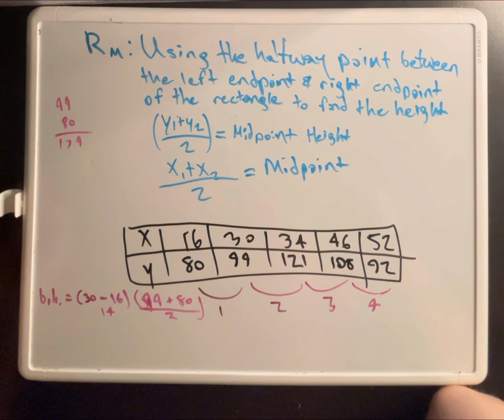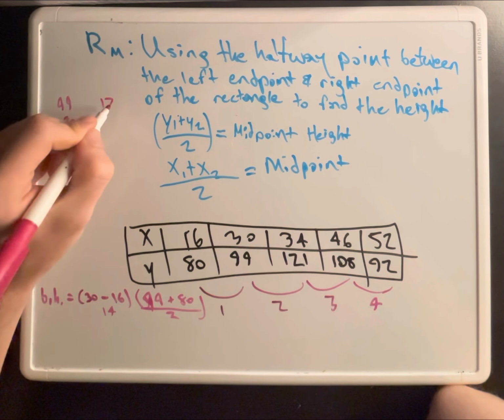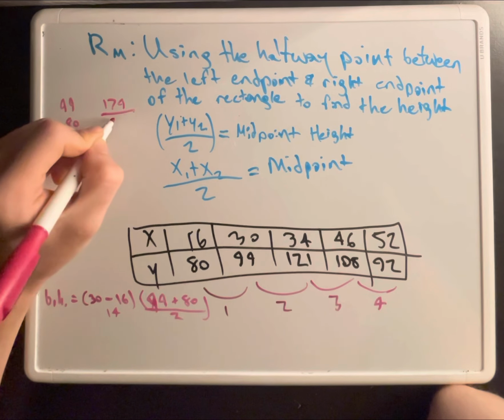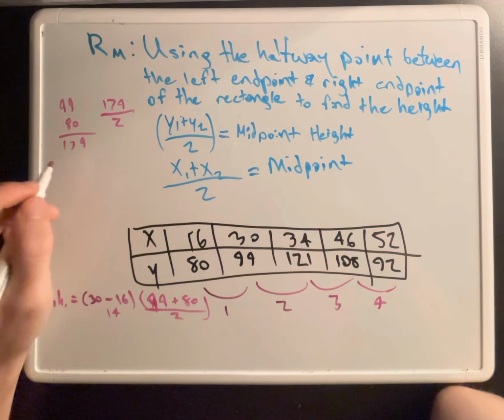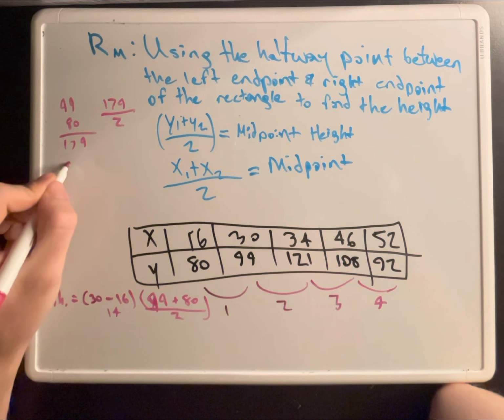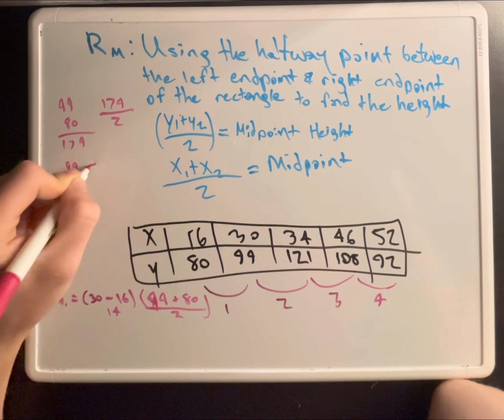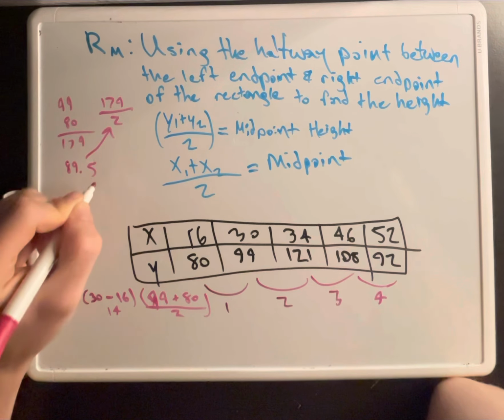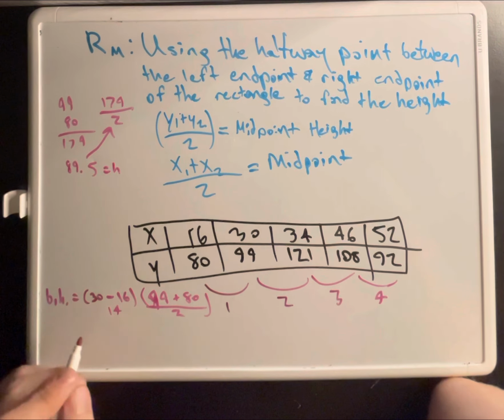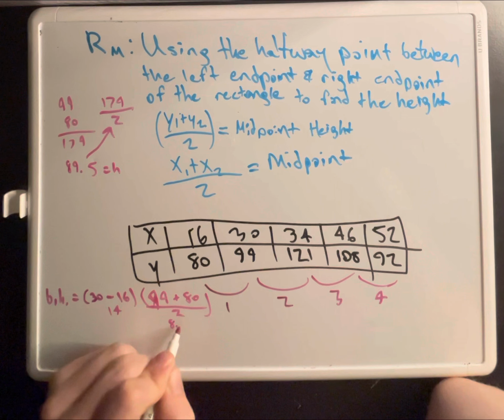It's probably me, actually. Okay, so then we have 179 divided by 2, and that would be 89.5. Actually, I probably should have written that up there, equals height. So then we have 89.5.